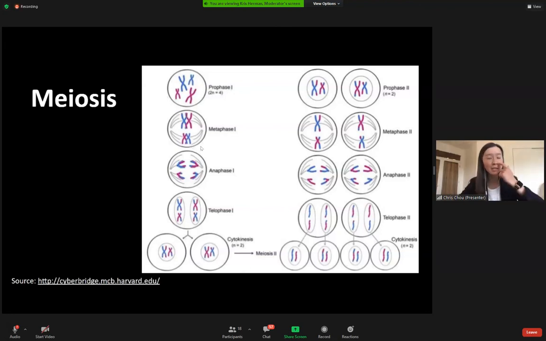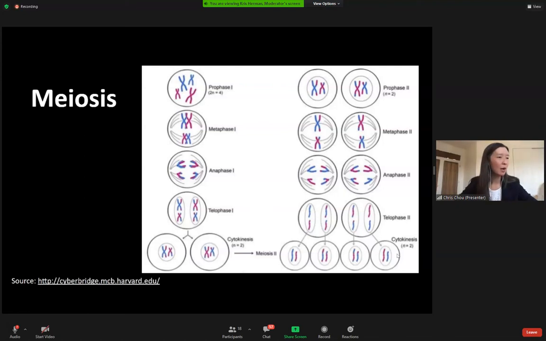You're still going to have cells go through G1, S, G2, and then now you have these 2 cell divisions in the M phase. You will see there's meiosis 1 and meiosis 2. At the end of meiosis 1, you have 2 cells, and at the end of meiosis 2, those 2 cells divide and become 4 cells. So you have 4 daughter cells.